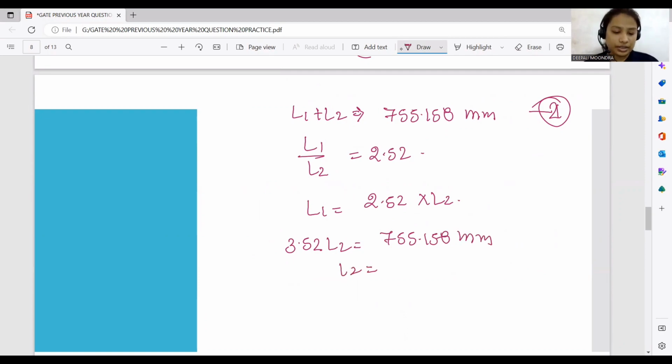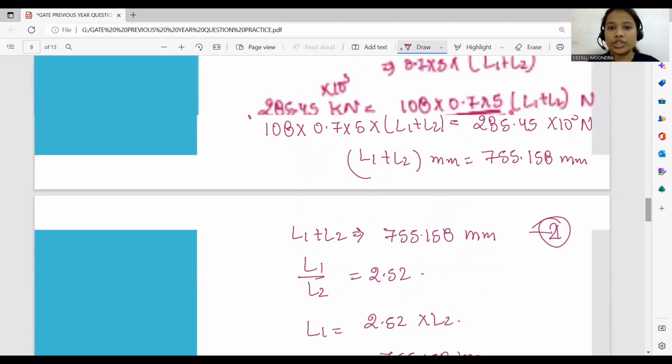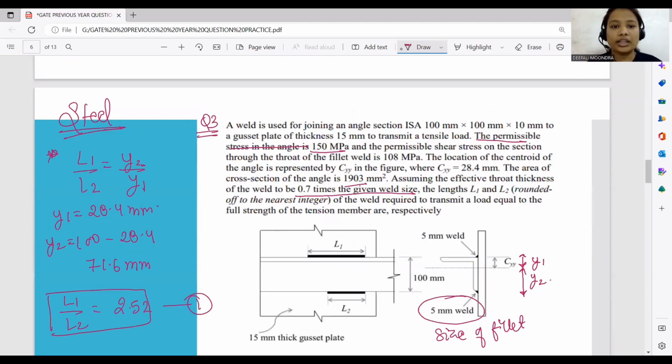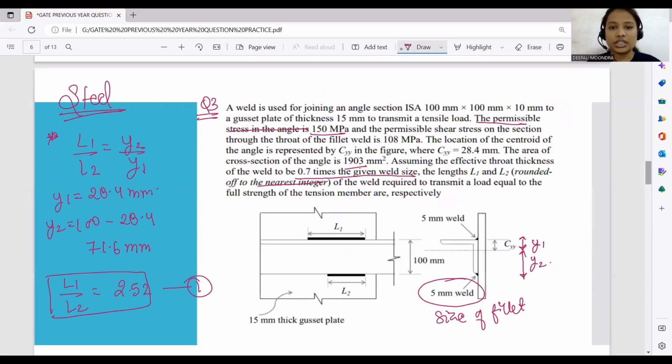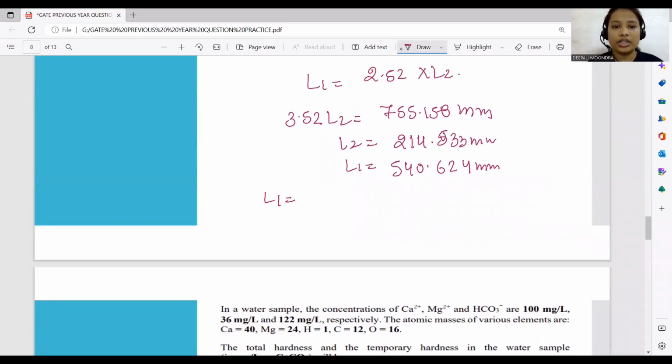Then L2 is 214.53 mm and L1 will be 540.624 mm. Now in this question, it is asked to write to the nearest integer. So for the nearest integer, we'll say that L1 is 541 mm and L2 is 214 mm.